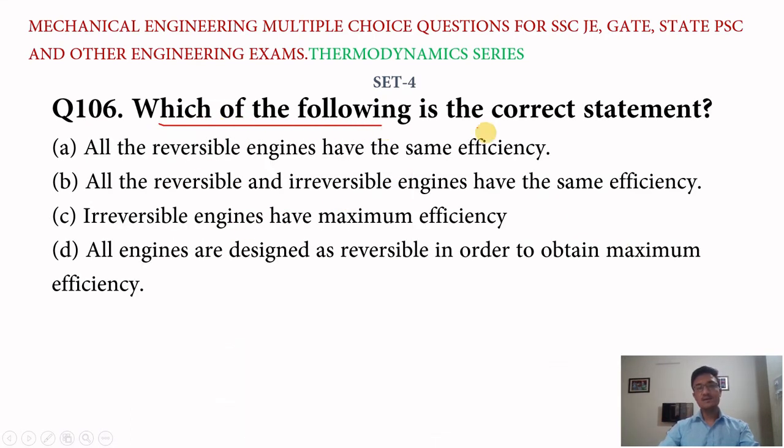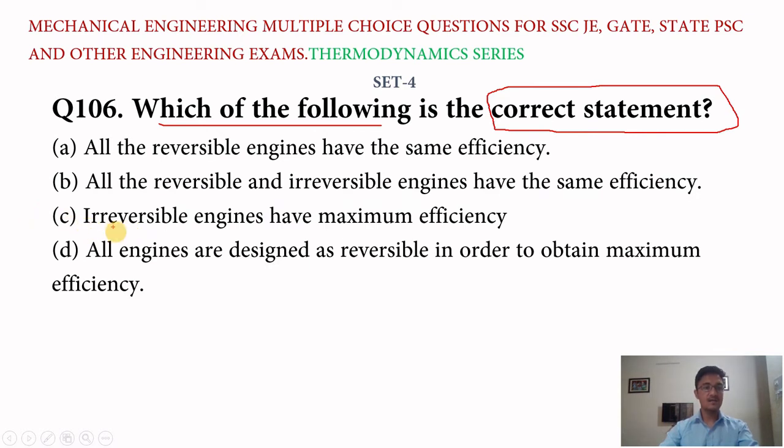Which of the following is the correct statement? We have to find out the correct statement. So we have four statements. Statement A, all the reversible engines have the same efficiency. Option B, all the reversible and irreversible engines have the same efficiency.